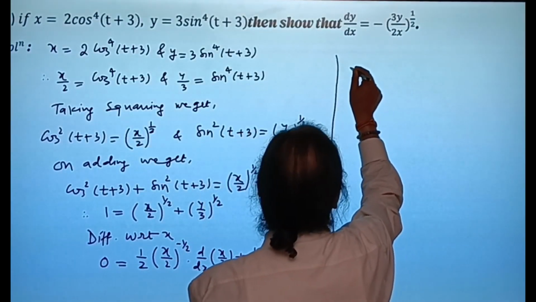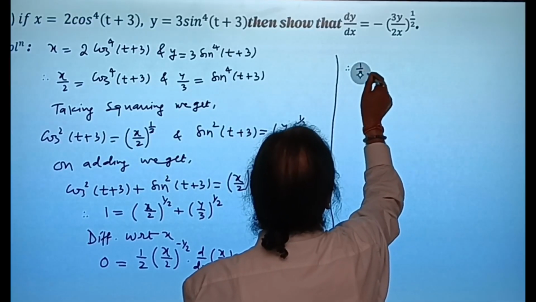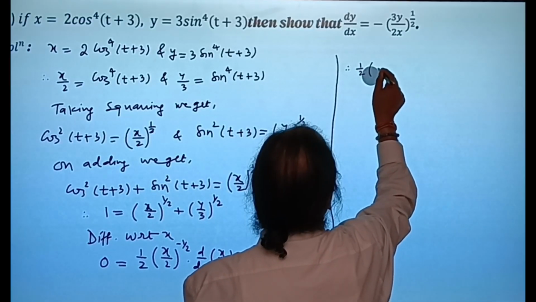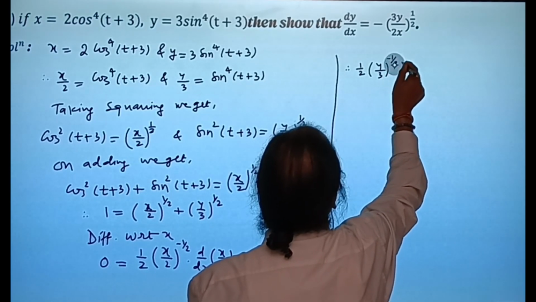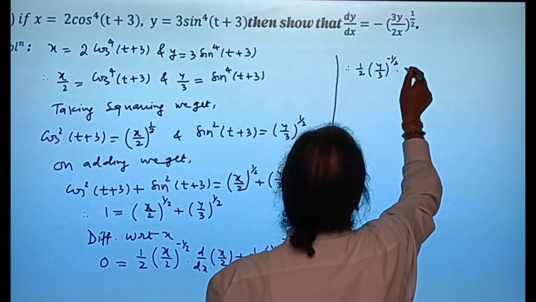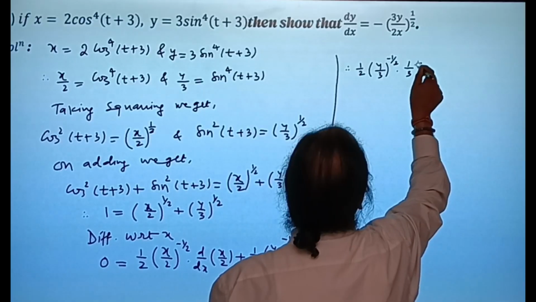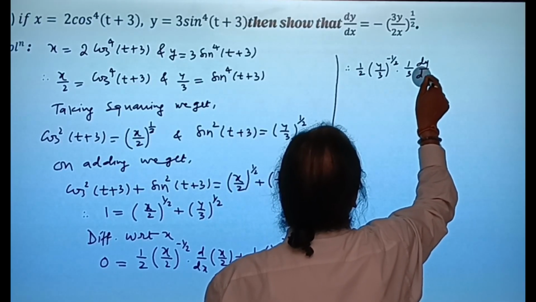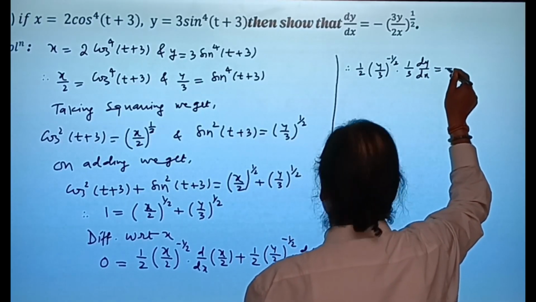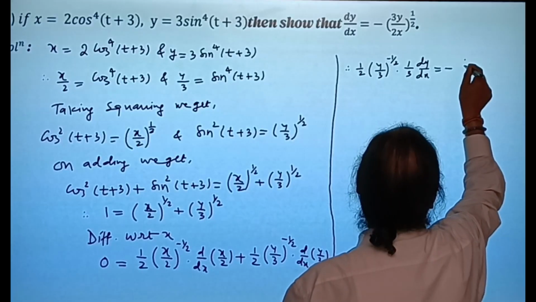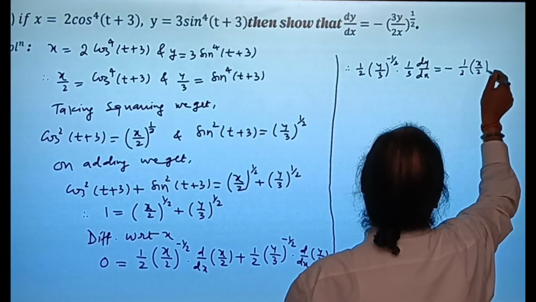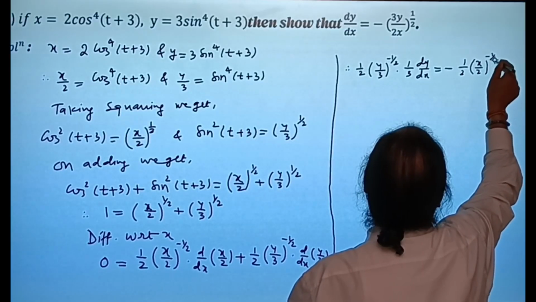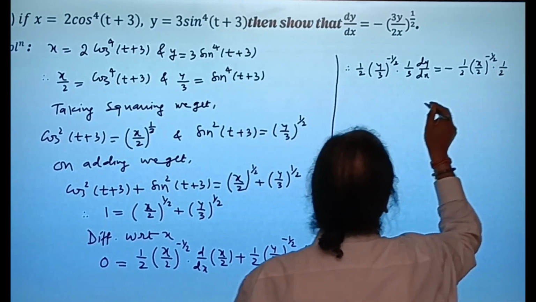Therefore, half y by 3 raised to minus half into 1 by 3 dy by dx is equal to minus half x by 2 raised to minus half into 1 by 2.